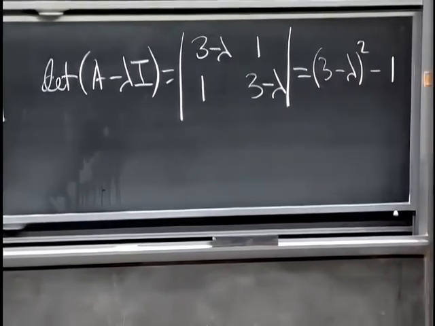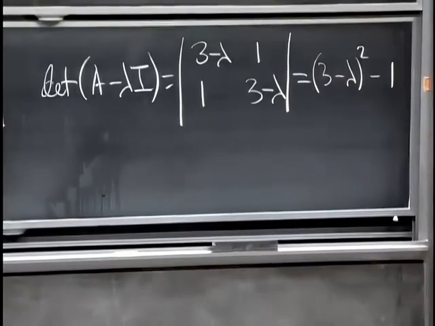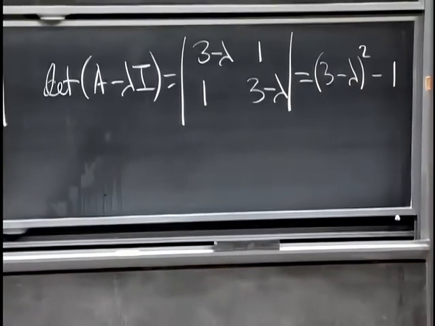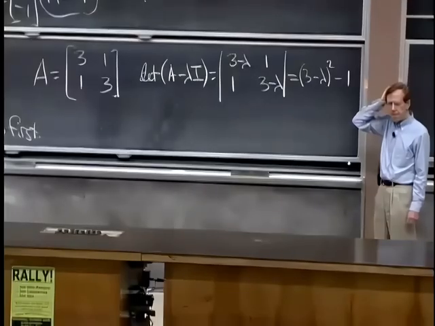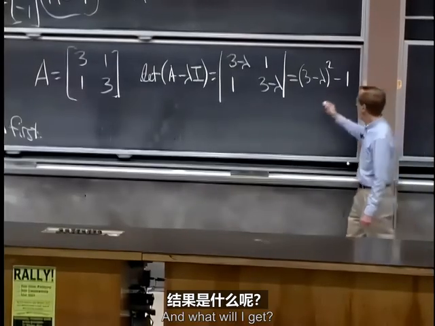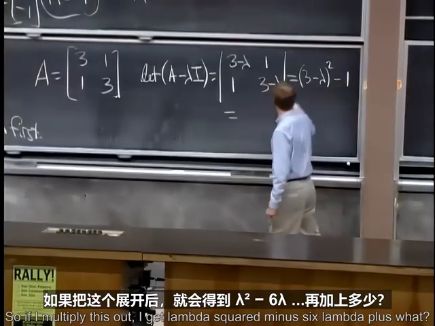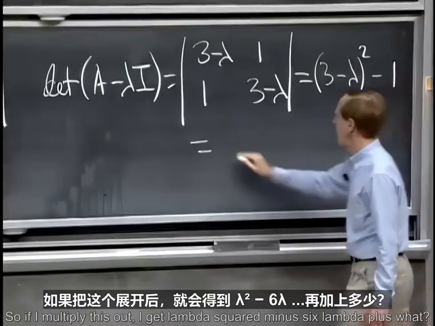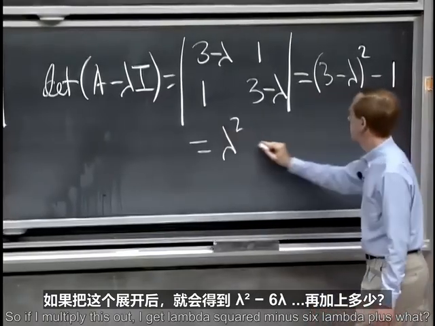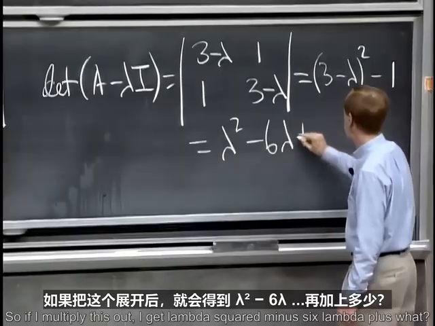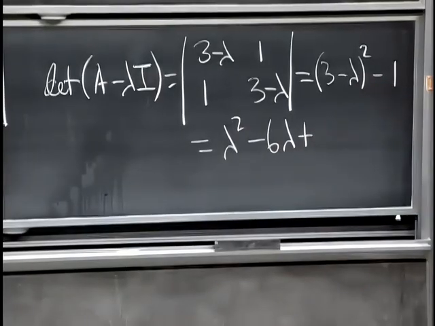And I want that to be 0. Well, I'm going to simplify it. And what will I get? If I multiply this out, I get lambda squared minus 6 lambda plus 8.